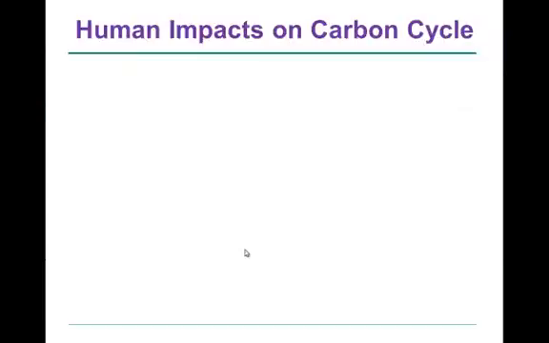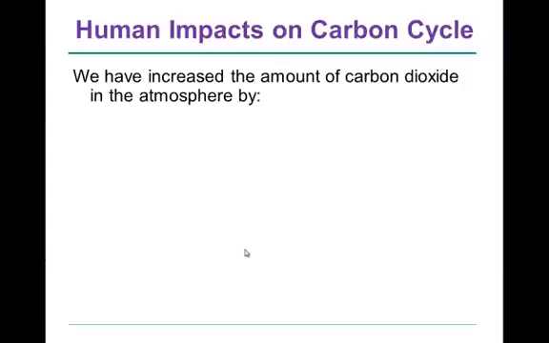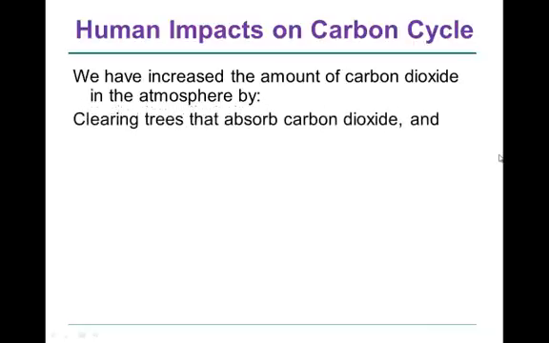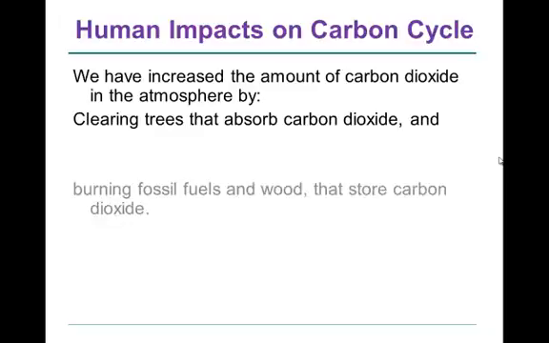Before we close this module, we just want to mention that humans have impacted the carbon cycle. We have increased the amount of carbon dioxide in the atmosphere by clearing trees that would otherwise undergo photosynthesis and sequester carbon in the form of cellulose and other molecules inside the trees' bodies.